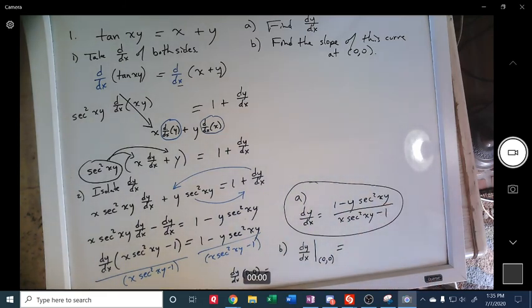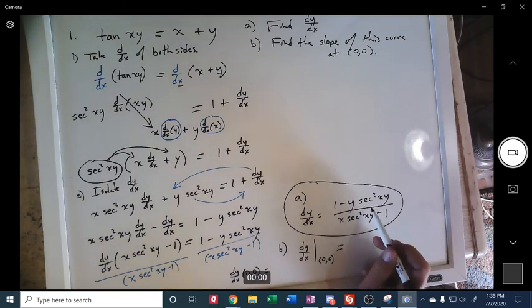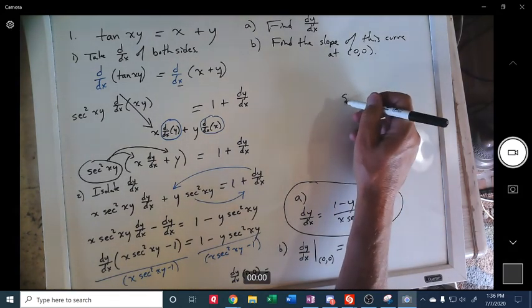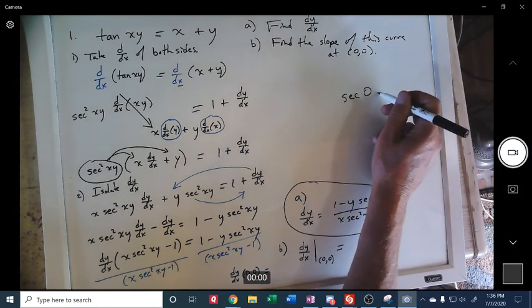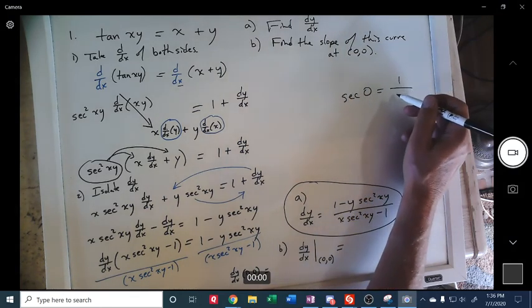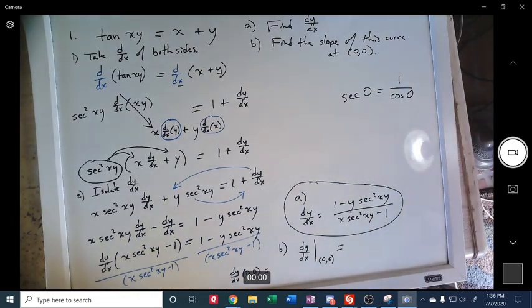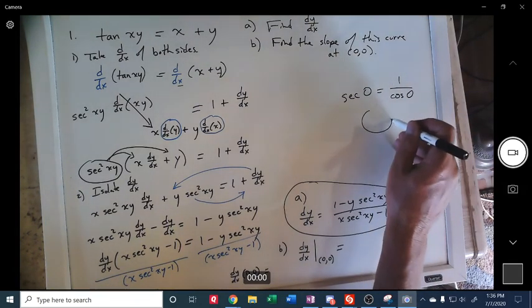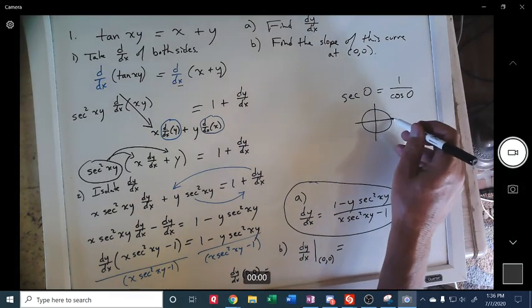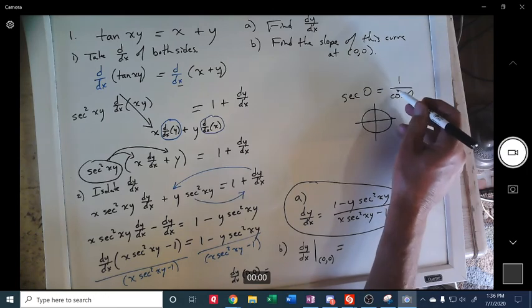Now, when we're substituting 0, we're going to wind up getting secant of 0. Secant is 1 over the cosine of 0. The cosine of 0, a 0 degree angle puts you over here on the unit circle. The cosine is the x-coordinate. That's 1.